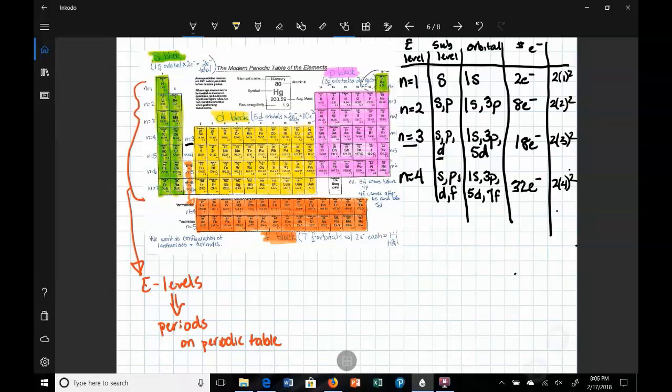Okay? So, as we are thinking about electron configurations, these electrons are housed in these orbitals within sublevels, within energy levels. Now, as we move down the periodic table, notice that we start our f orbitals in our fourth energy level. So when we look down here, these atoms have electrons that are found in the fourth energy level.